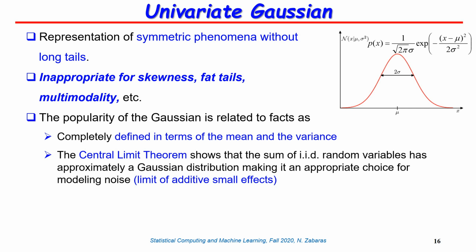And the reason that that is appropriate has to do a lot with the central limit theorem that we're going to visit in detail in 1 or 2 lectures down the road. But let me just state it with simple words what it says. If you take n arbitrary samples from any distribution, and you take the sum of those random variables from that arbitrary distribution, then that sum follows a Gaussian distribution.